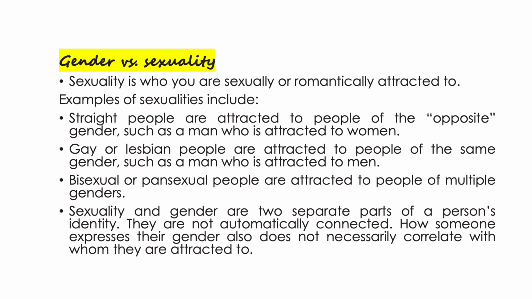Gay or lesbian people are attracted to people of the same gender, such as a man who is attracted to men, while bisexual or pansexual people are attracted to people of multiple genders. Sexuality and gender are two separate parts of a person's identity. They are not automatically connected. How someone expresses their gender also does not necessarily correlate with whom they are attracted to.